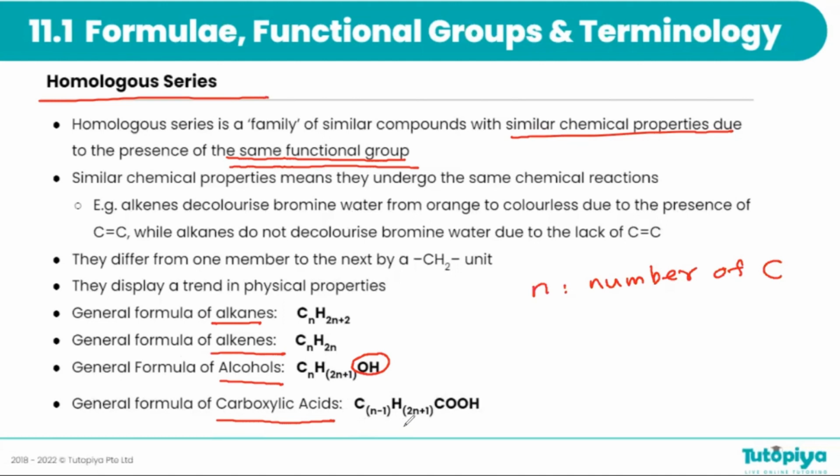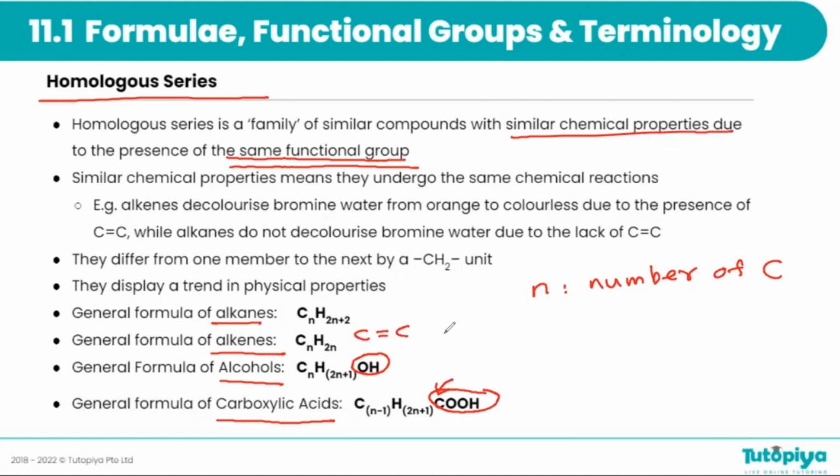Finally, for carboxylic acids, we have Cn-1H2n-1COOH, because one of the carbons we already mentioned outside. COOH is the functional group of carboxylic acids. In alkenes, the functional group is a single carbon-carbon double bond.